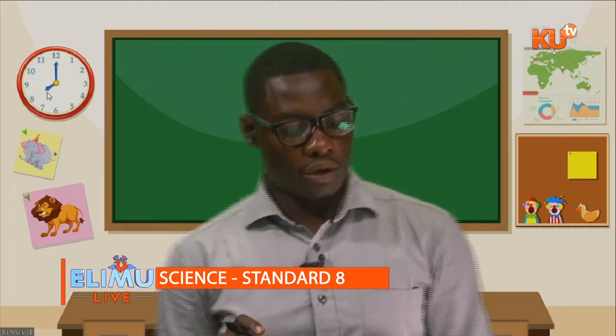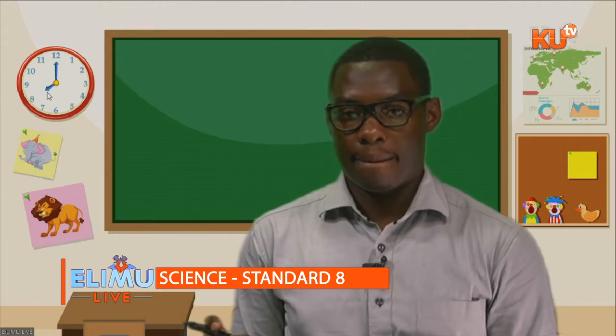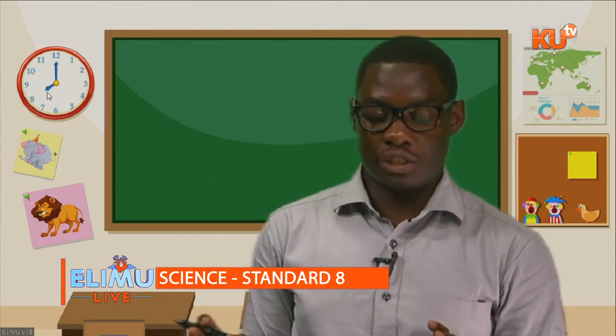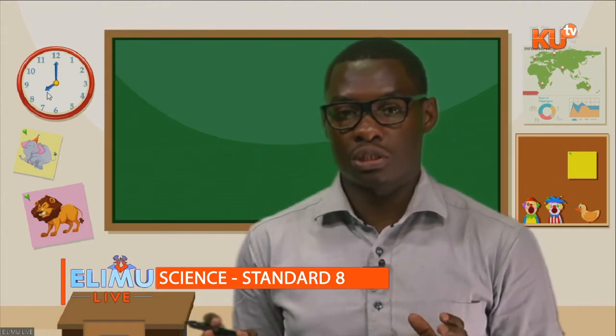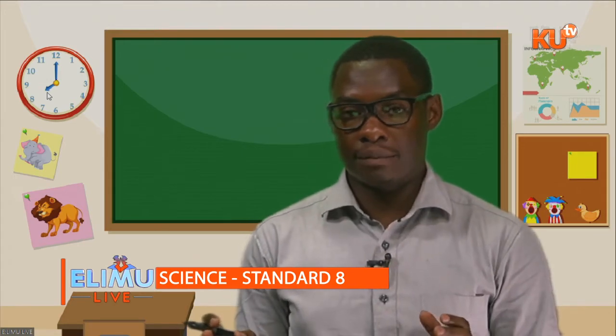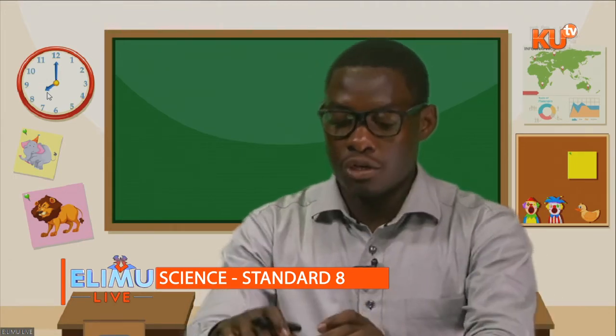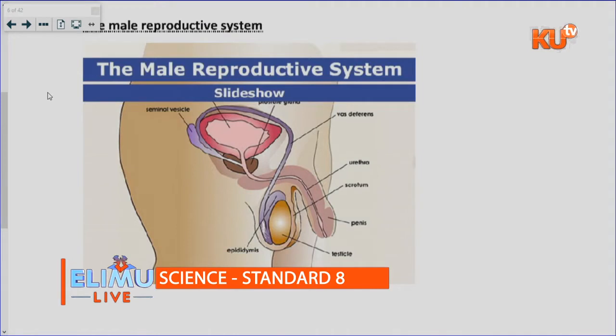We also have the penis, and the penis is a muscular organ that is used to deposit the sperms into the vagina during copulation. So this is the penis. I want you to look at the diagram. This is the penis here.